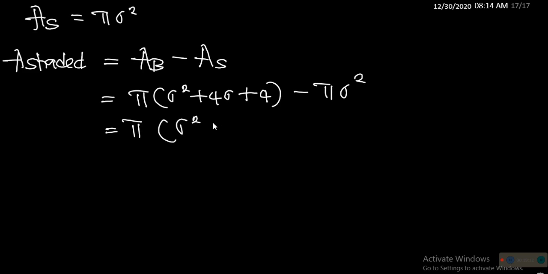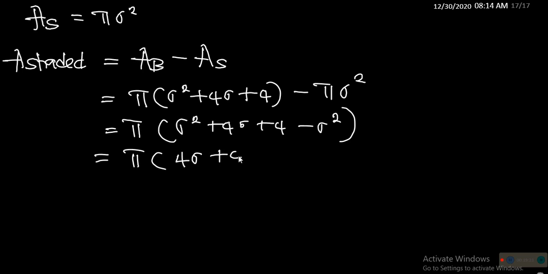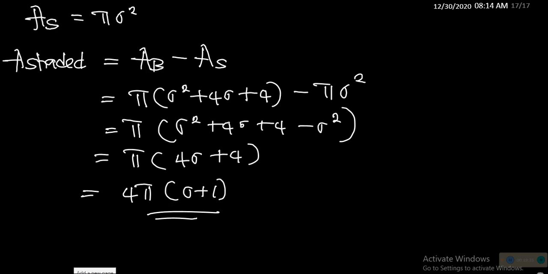We have r squared plus 4r plus 4 minus r squared. So r squared minus r squared will clear off, and then we have 4r plus 4. If we factor out 4, we have 4 pi into (r plus 1), and this is the factored form of the area of the shaded region.